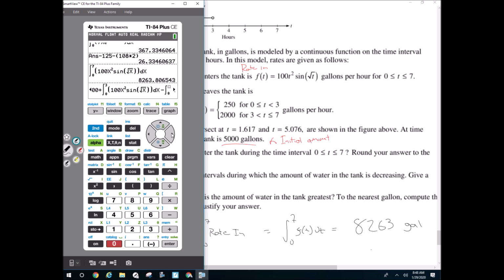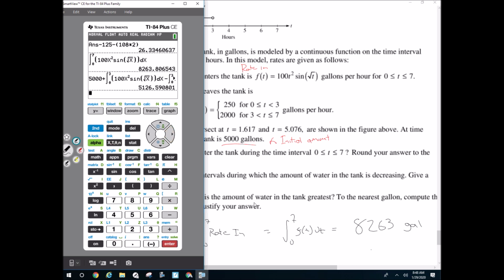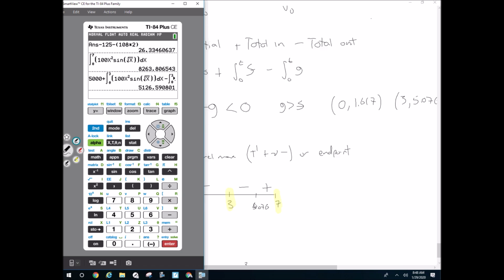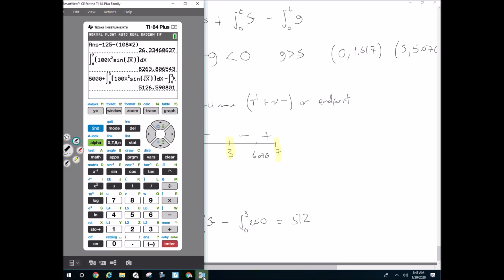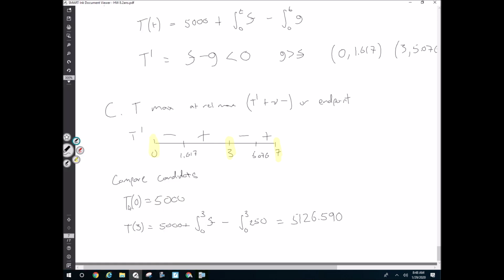You could just do 250 times 3, but whatever, let's use an integral. This is the rate out. I get 5,126.590. Okay, so immediately T of 0 is gone.